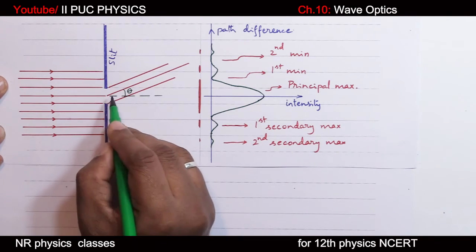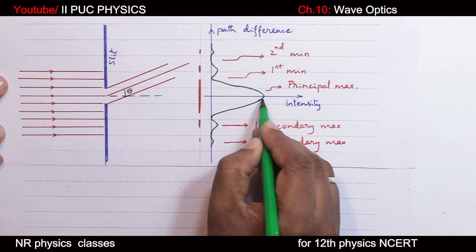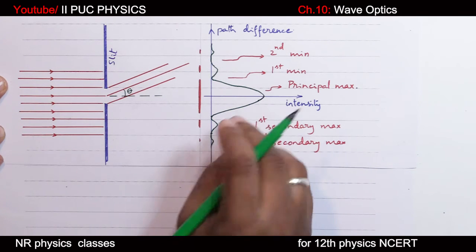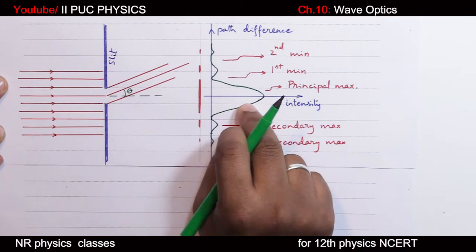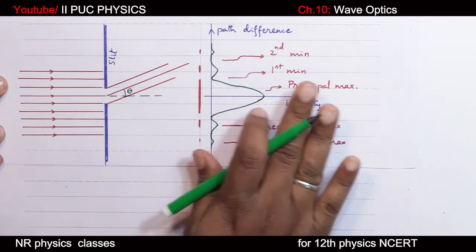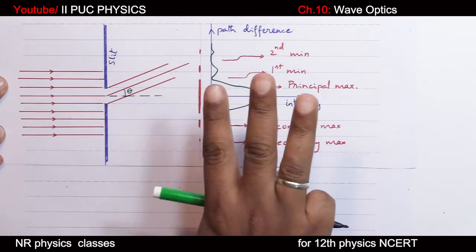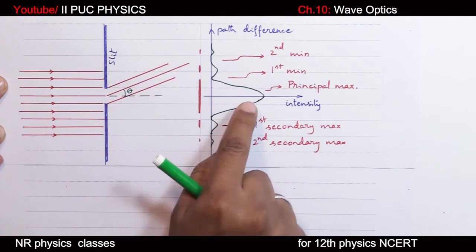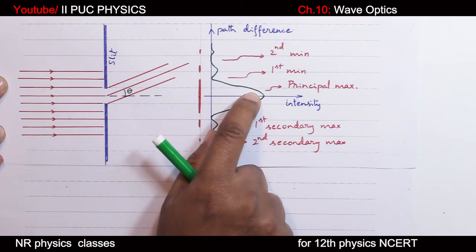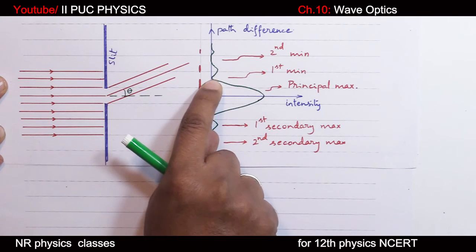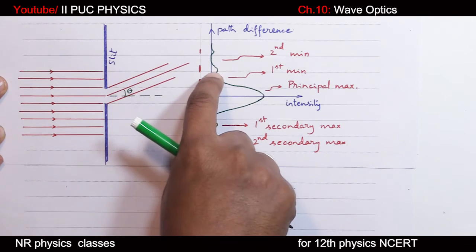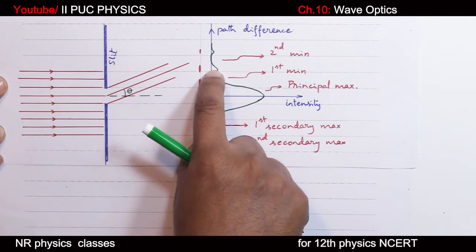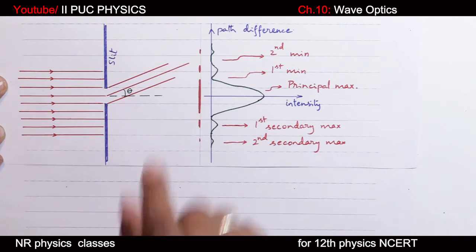Now let me explain the formation of this principal maximum. The explanation is a little bit lengthy, but try to understand from the beginning. Okay. So let me explain in 3 steps: the formation of the principal maximum, then the formation of the first minimum, and the formation of the first secondary maximum.